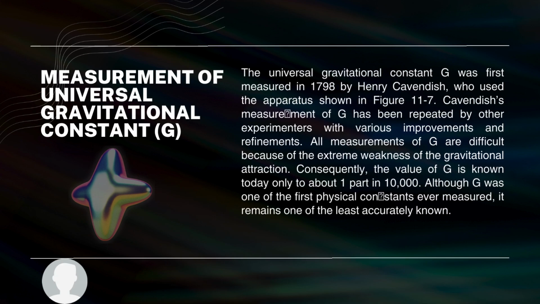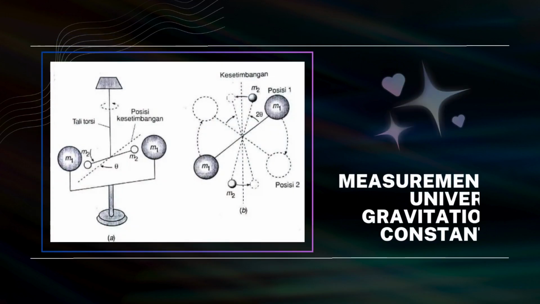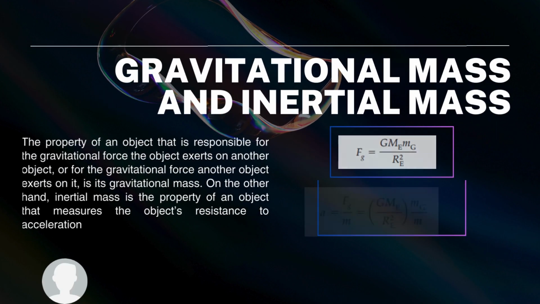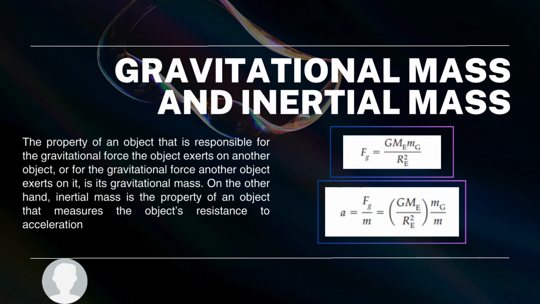Consequently, the value of G is known today only to about 1 part in 10,000. Although G was one of the first physical constants ever measured, it remains one of the least accurately known. So, that's all the explanation for the measurement of G.